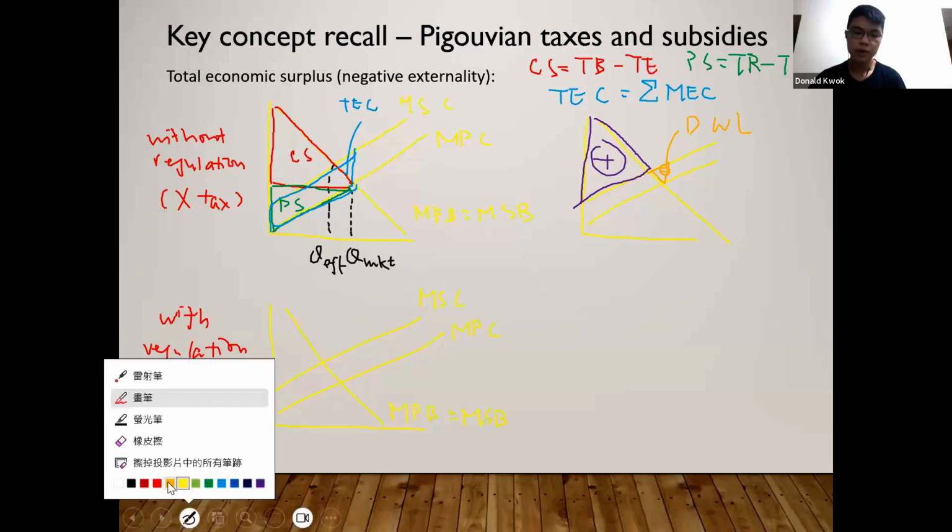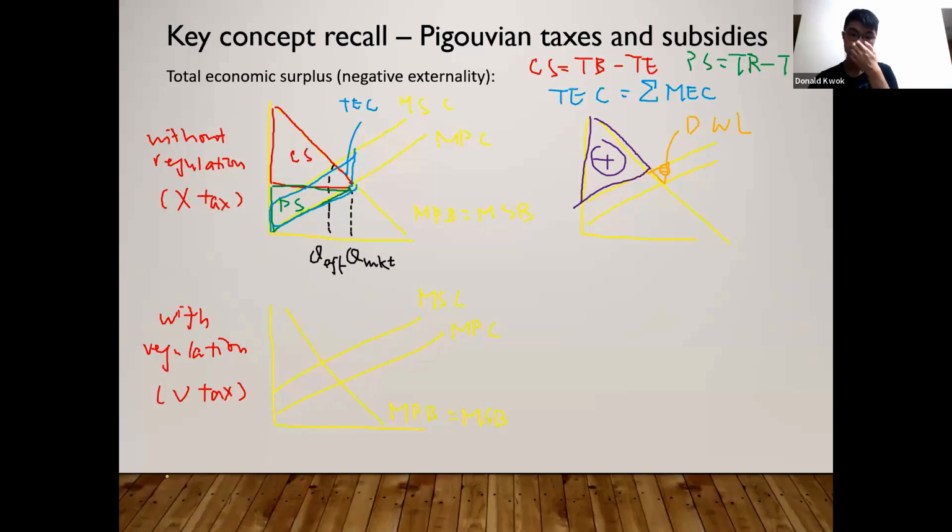Okay, so what is the right amount of unit tax to be imposed? It is the marginal external cost at the efficient output level, which is simply the amount here as the right amount of tax imposed.